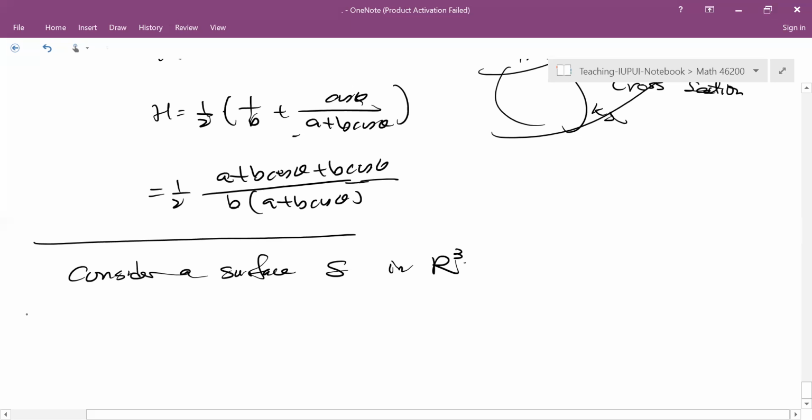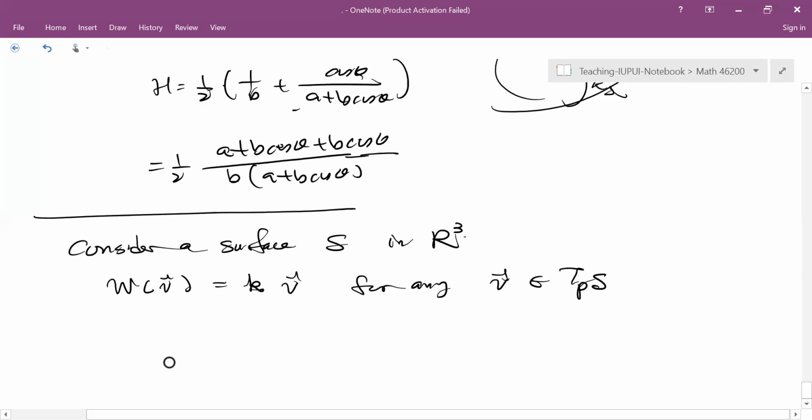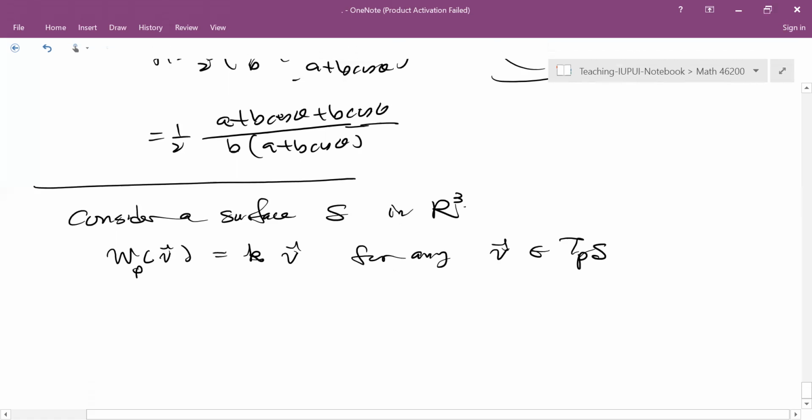We assume that the Gauss map differential is going to be constant multiple of the identity, for any v. And that means the point P is called umbilic.